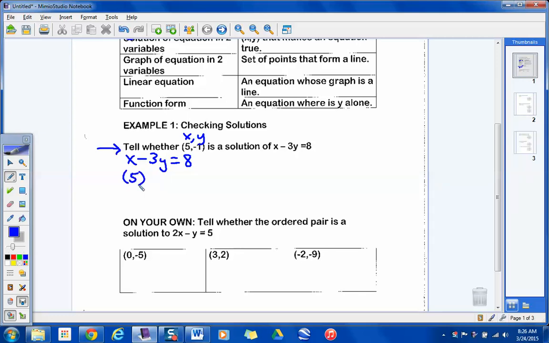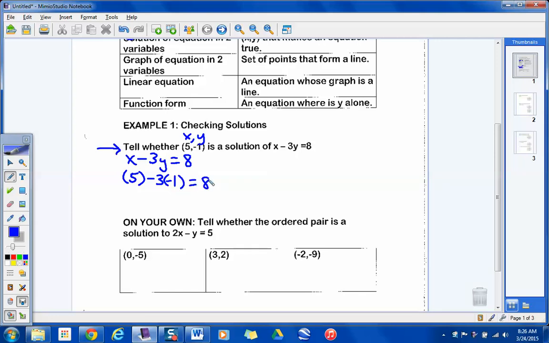And then we had a minus 3. Notice how every time I substitute something in for the variables, I put parentheses around it. What's going to take the place of y? Y is going to be -1, wasn't it? And the equation was equal to 8.